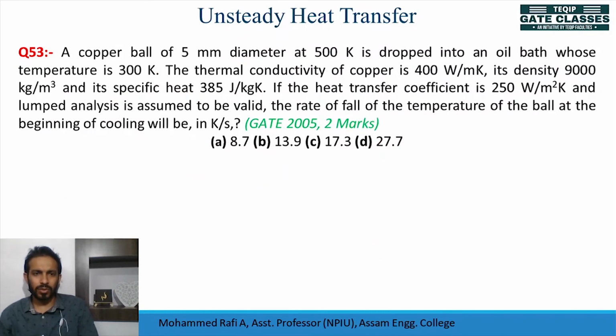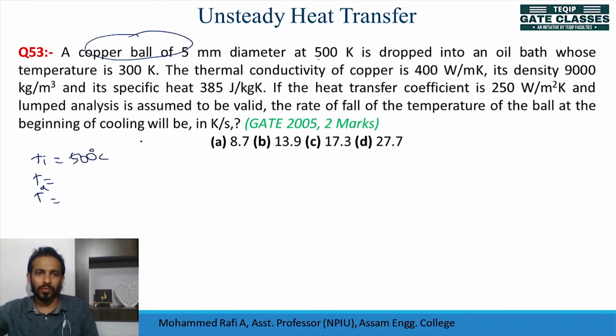So this is also a question asked in GATE 2005. Let's try to solve it; you also please try. Similarly, it is again a copper ball and the diameter is given. I told you we have to identify three temperatures: Ti, T infinity, and T. Initially the ball was at 500 Kelvin, dropped into an oil bath whose temperature T infinity is 300 Kelvin.